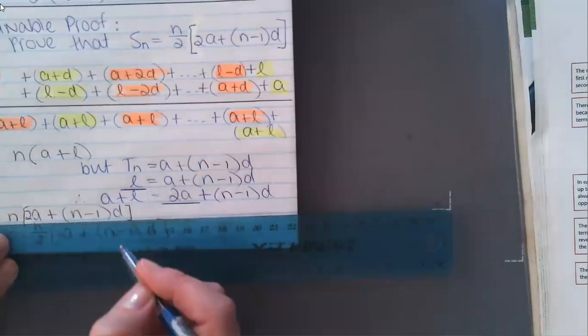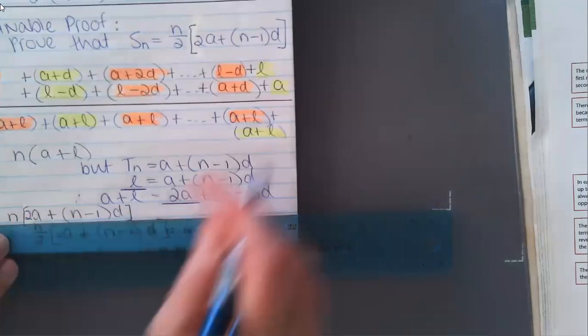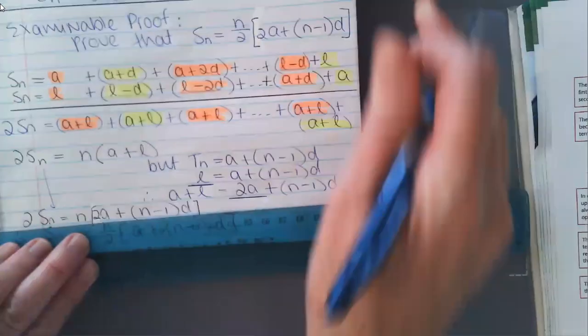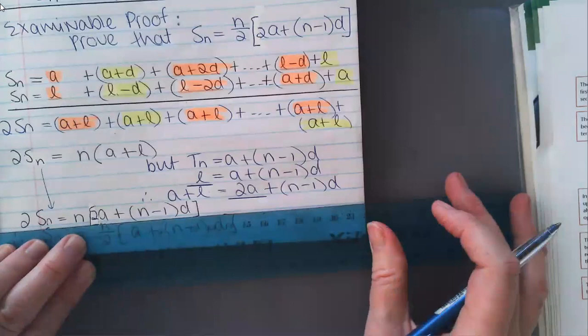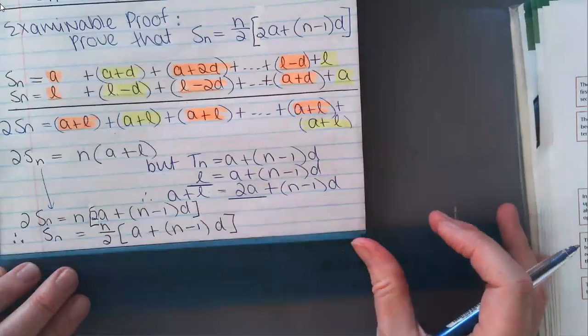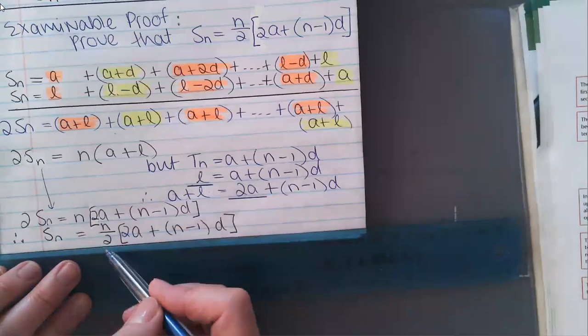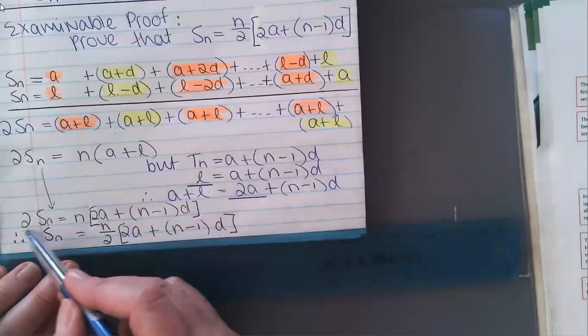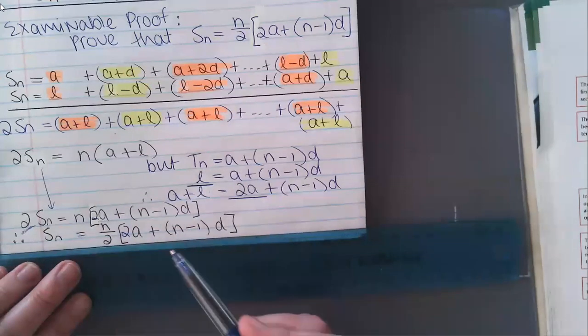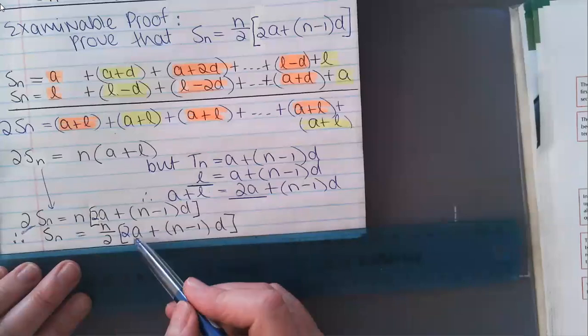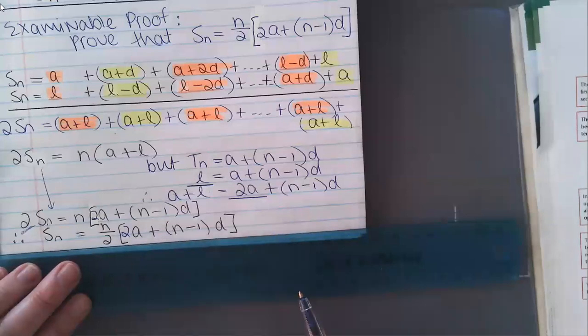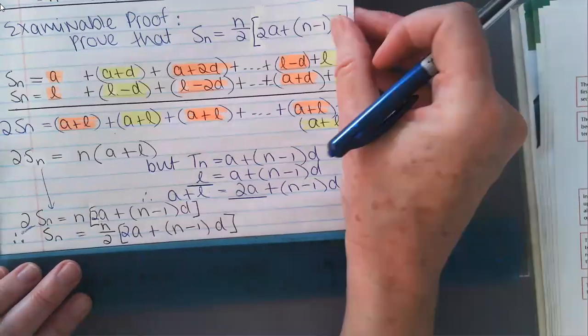So 2 times the sum. Okay, and now my Sn equals n over 2, because I'm dividing by this 2 here, times 2A plus N minus 1D. And that is then the formula they asked us to prove.